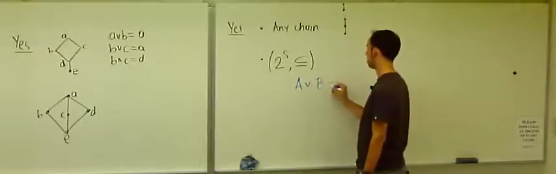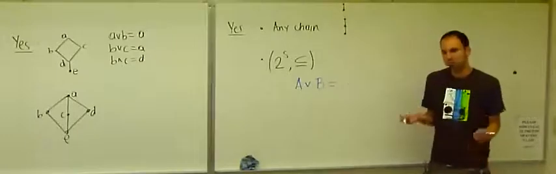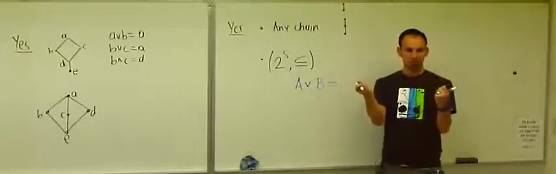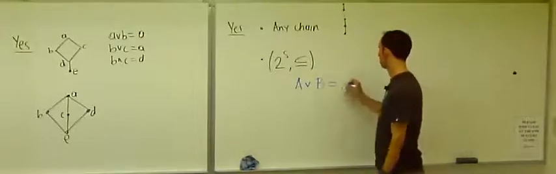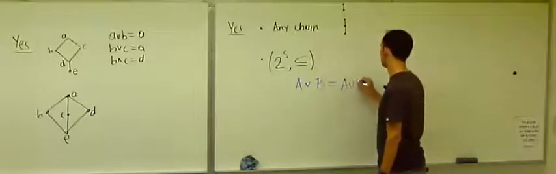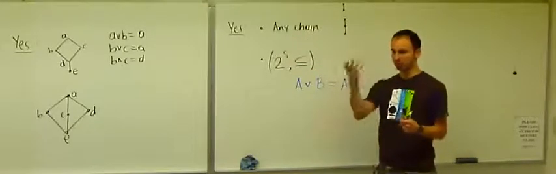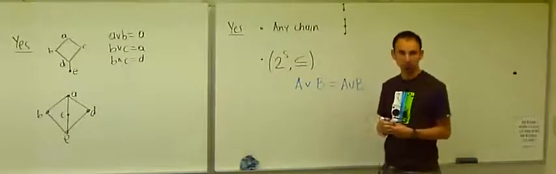So what is the join of A and B? The union. What's the smallest thing that contains A and B? Well, it's the union of A and B. And that property says that if some set contains A and it contains B, then it has to contain their union. That's true.